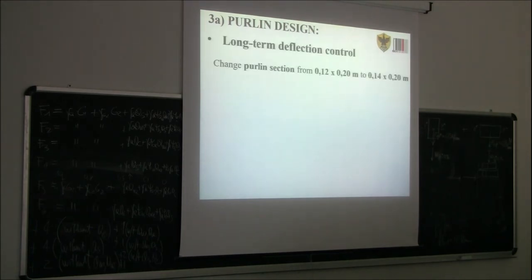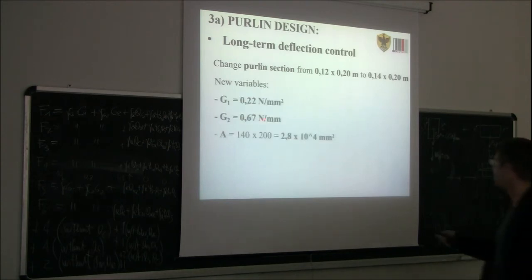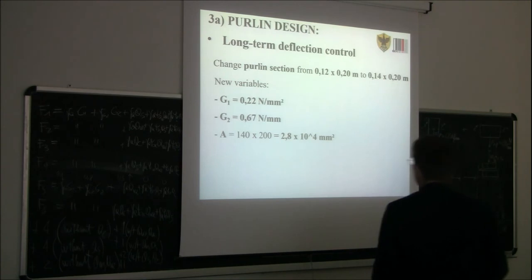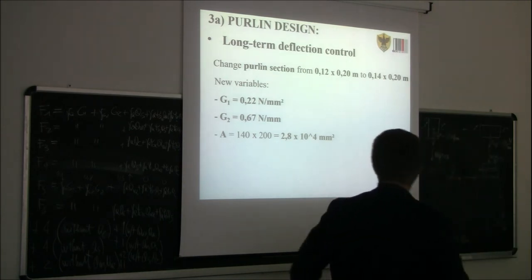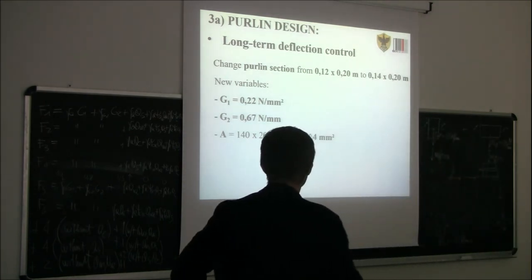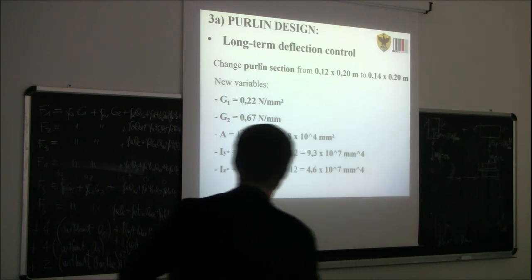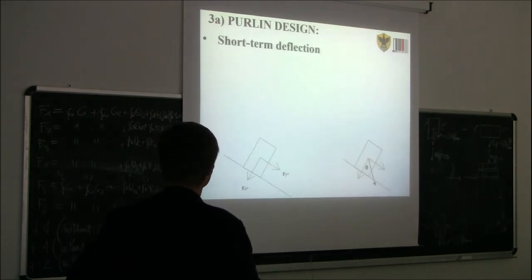So we need to increase a little bit the size of the purlin, from 12 times 20 we move to 14 times 20, for example. Strictly speaking, we have to reassess G1, 0.22, and all the geometrical properties, all the second moment of area.